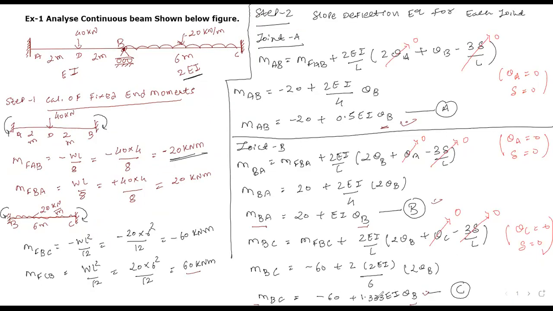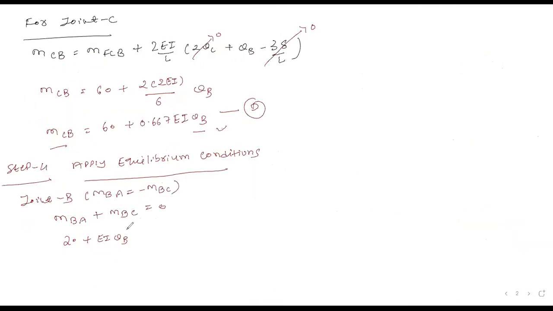That is minus 60 plus 1.333 EI theta B, and that should be equal to 0. So we will get 2.333 EI theta B equals 40, since the minus goes across and becomes plus. Yes or no? So please tell me what is the value of theta B?